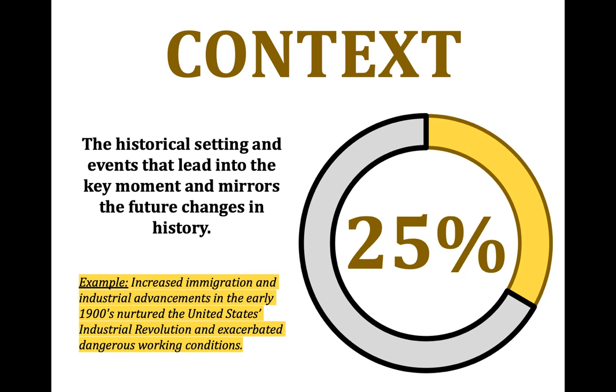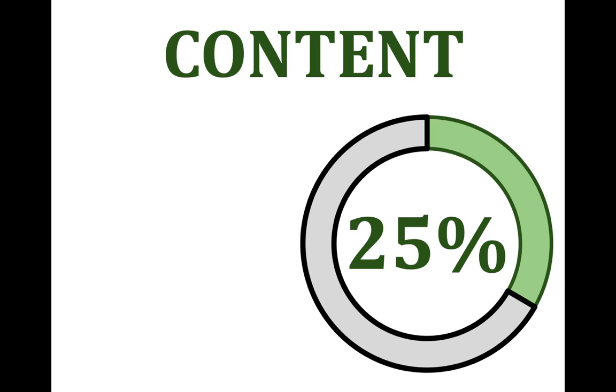The next section, after the context, after you've set that stage, is the content. Now, this is one of the number one mistakes that people make when they are writing their first thesis statement. Because they get so excited about the main event of their storyline, all they want to do is tell us all of the cool things that happened in that moment.